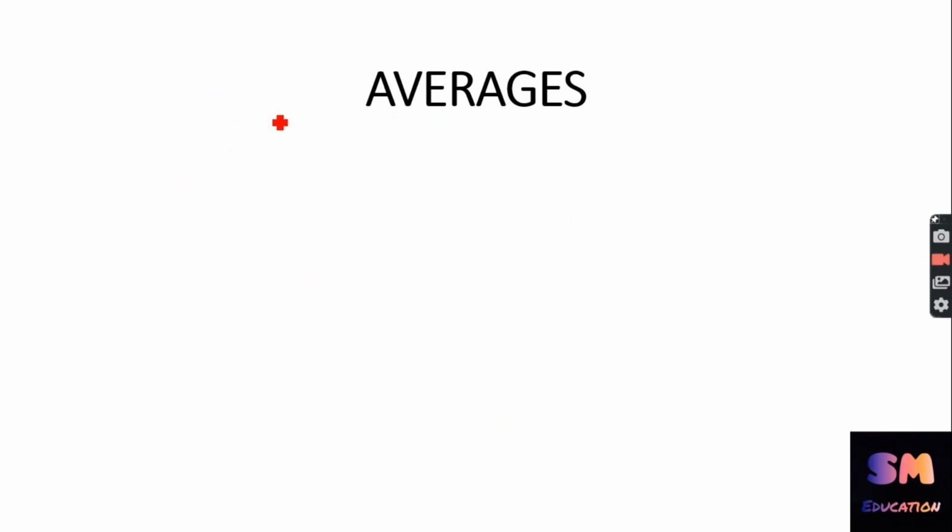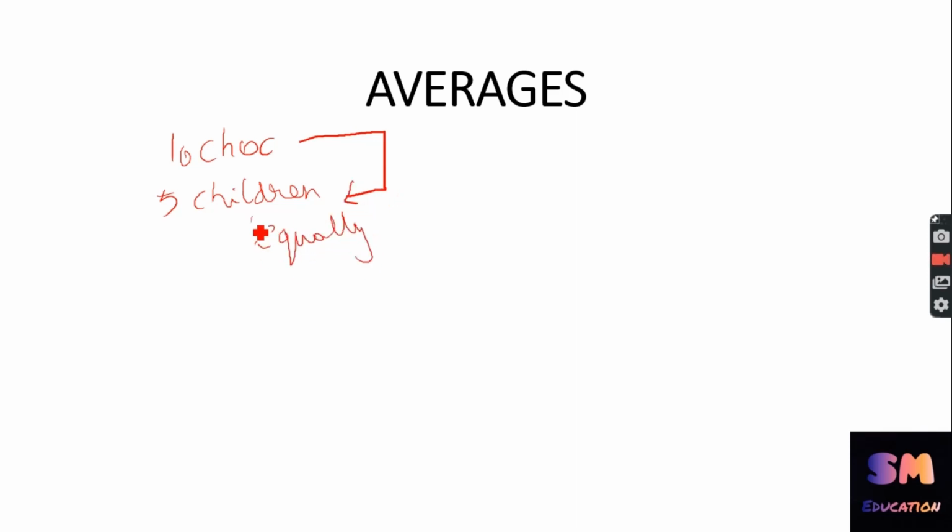Now, coming to the definition of average. Average is nothing but sharing the quantities equally. Suppose I have 10 chocolates with me and there are 5 children. I want to share these 10 chocolates among these 5 children equally. What I have to do is divide 10 by 5, so the answer will be 2.